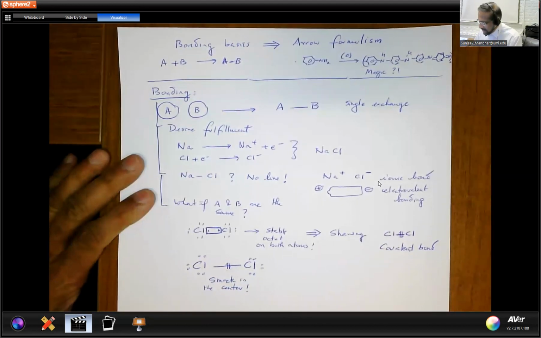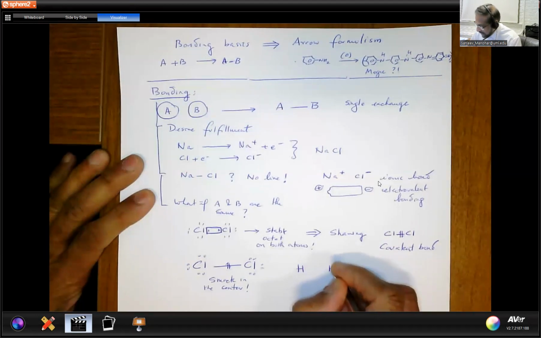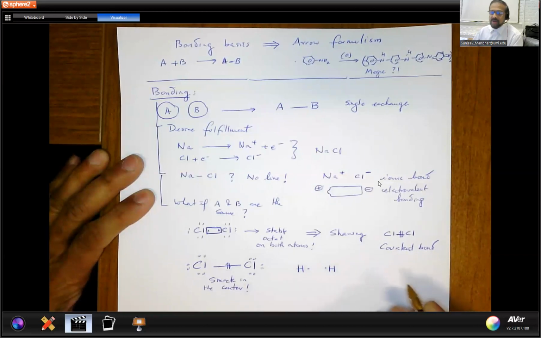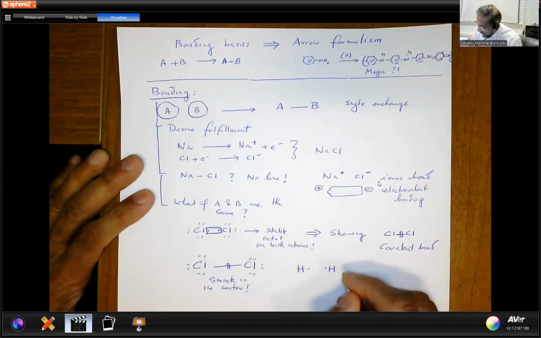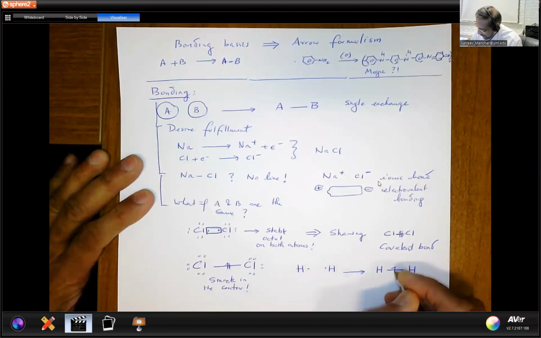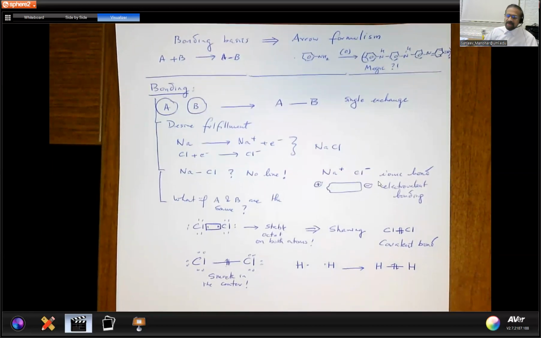Okay. Similarly, hydrogen has 1 electron. This hydrogen has 1 electron. They come together, it's very unstable. So let's share. When these 2 share equally, this becomes H, H, and the 2 electrons are shared in the middle. This is a hydrogen molecule, right? So atoms become molecules.